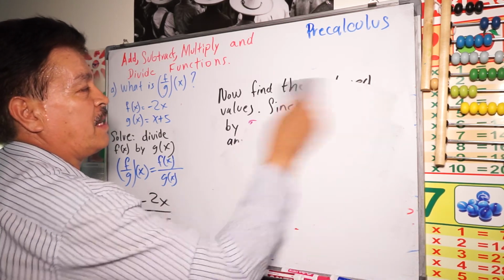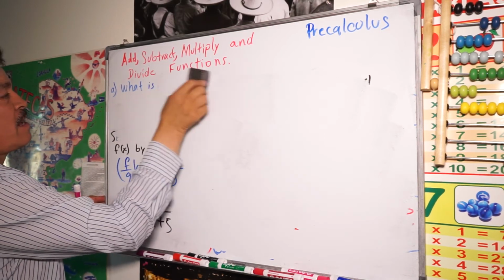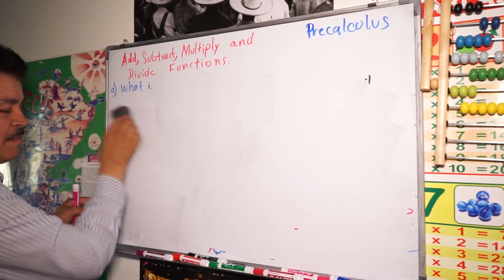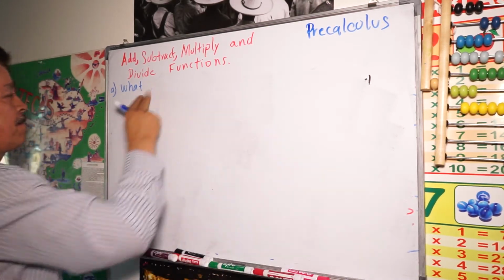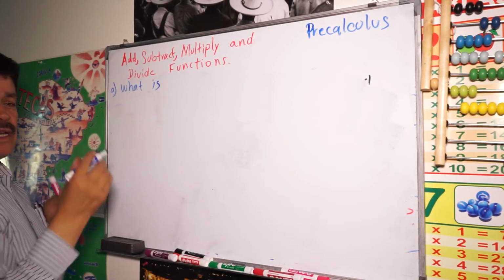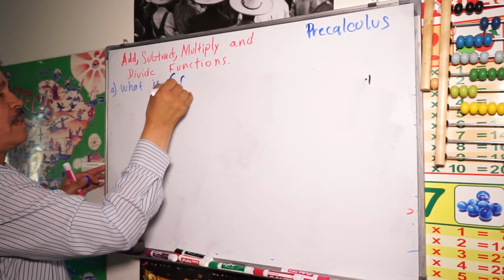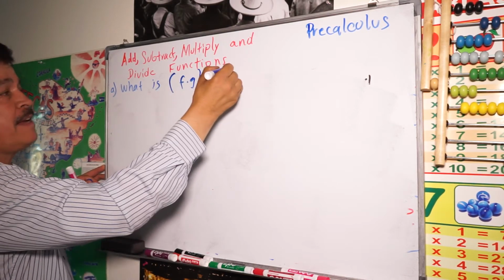I think we have time to show you multiplication. Let's do something easy. Here's one problem: what is (f times g)(x)?